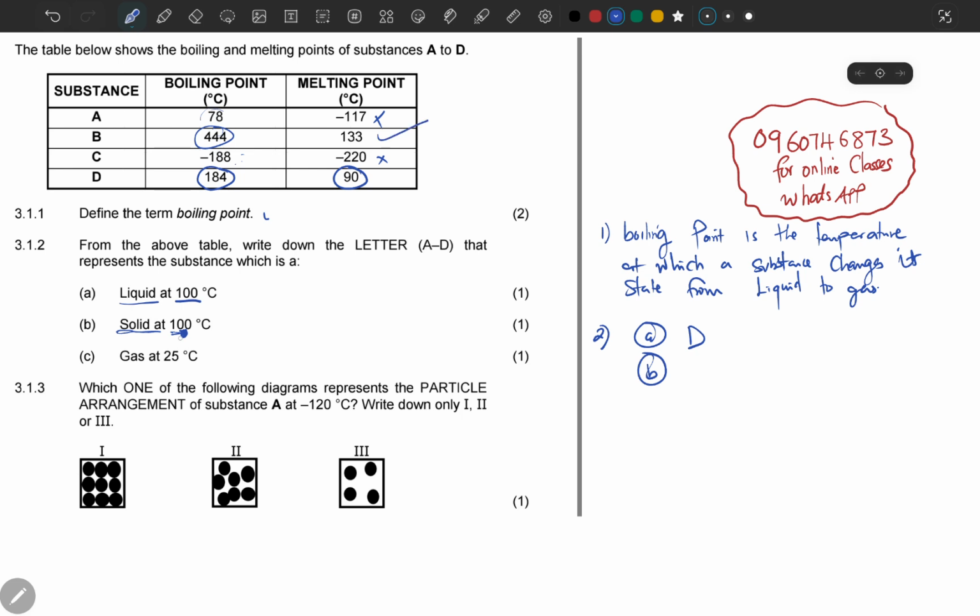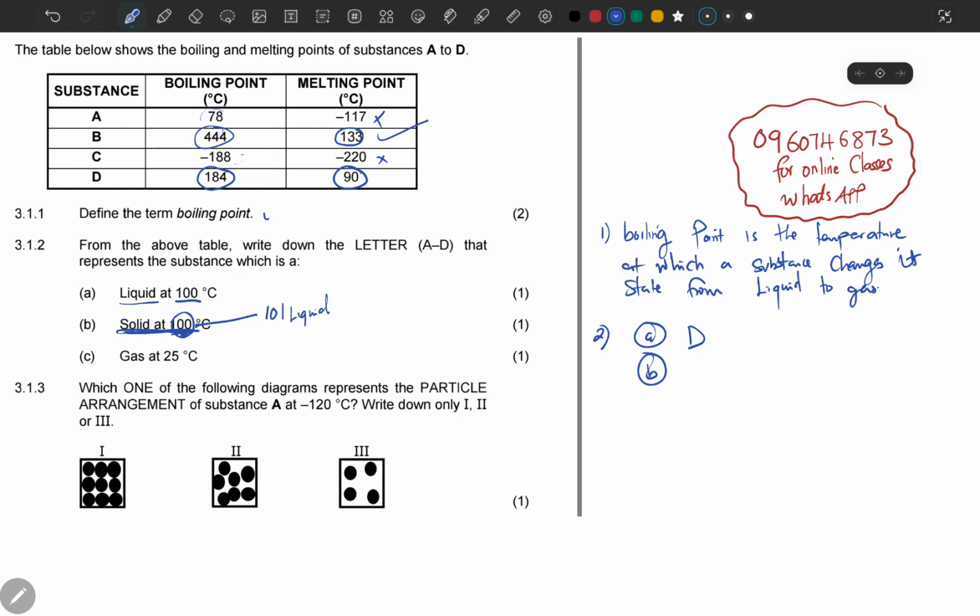Now, for a substance to be a solid at this particular temperature, meaning any temperature from here above, it will be a liquid. Meaning any temperature starting from 101 is a liquid. And you can see that this one corresponds, because any temperature above 100 means it's now a liquid. It will change. I'll repeat myself.